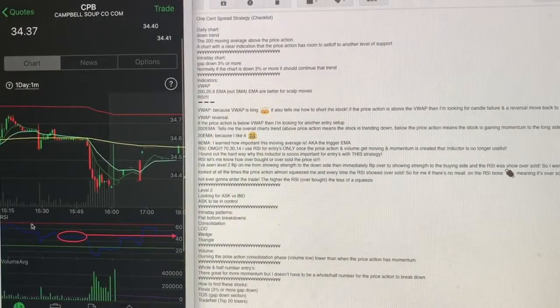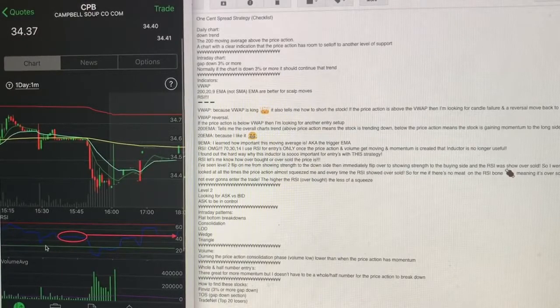So if it's way up here, then the price action is probably going to fall down. If the price action is down here, this is the 30 range. This means that the price action is oversold, so it's probably going to bounce.